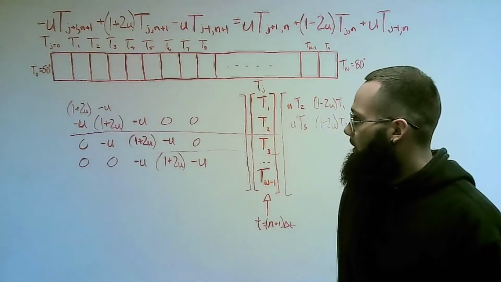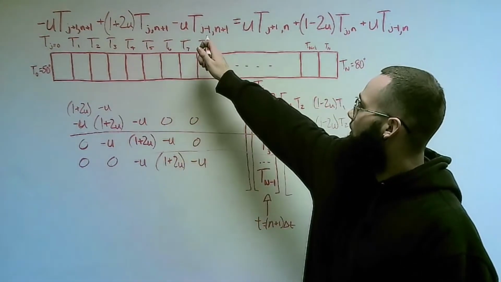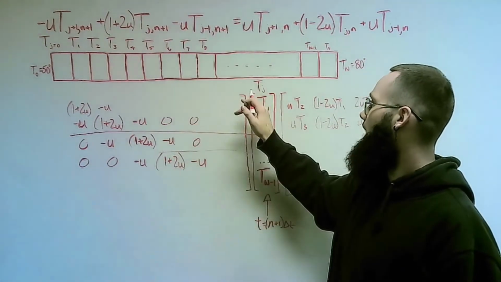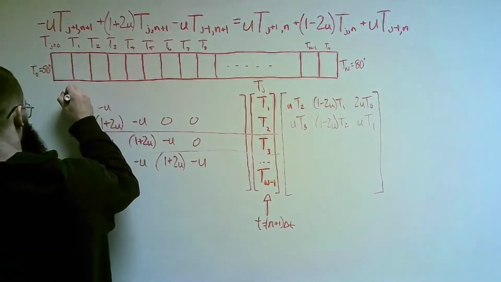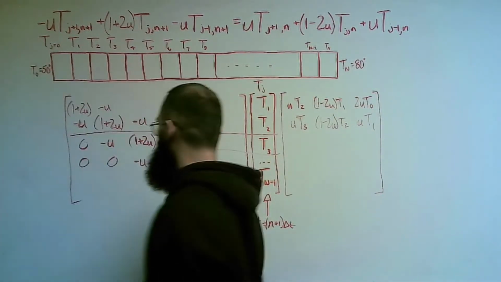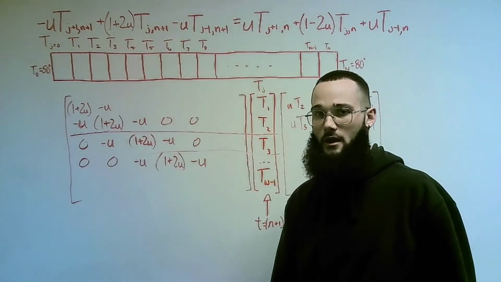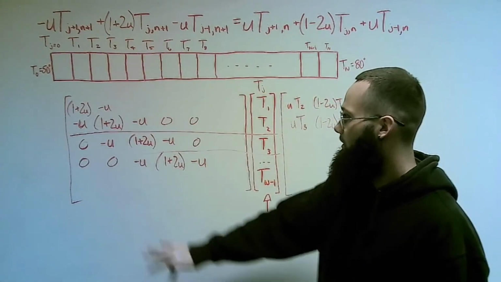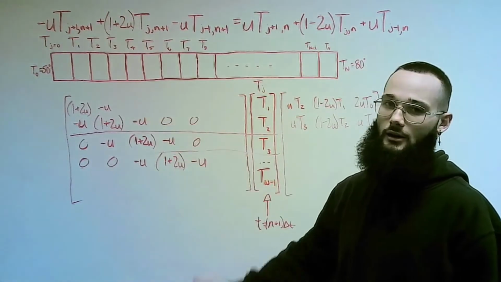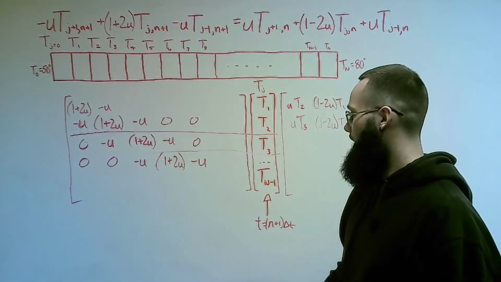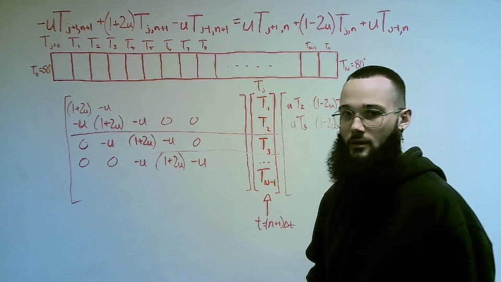But what we're not going to have is this Tj minus 1, because at T1 we've moved it to the other side. So this is going to be our matrix. And this is what they call a banded matrix, because you have this band of values that will travel at a constant diagonal across the matrix for any values of t.